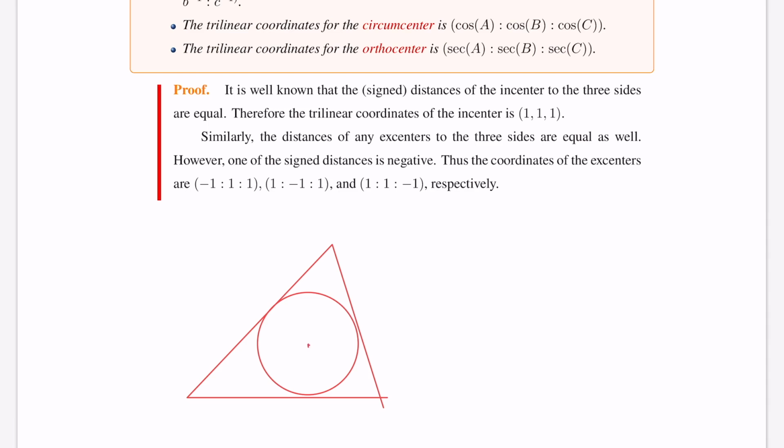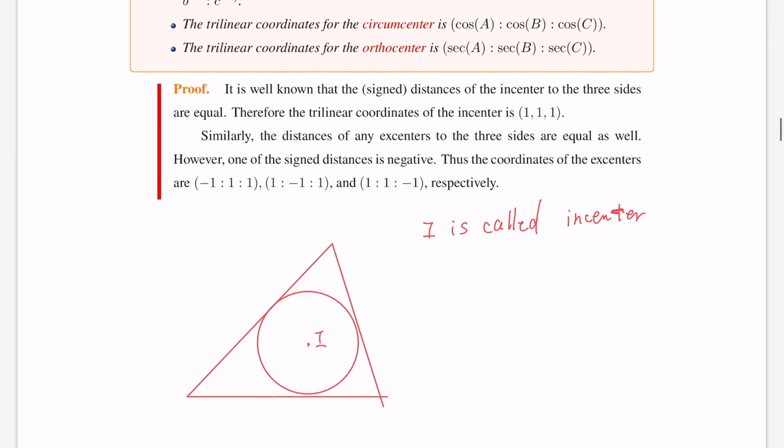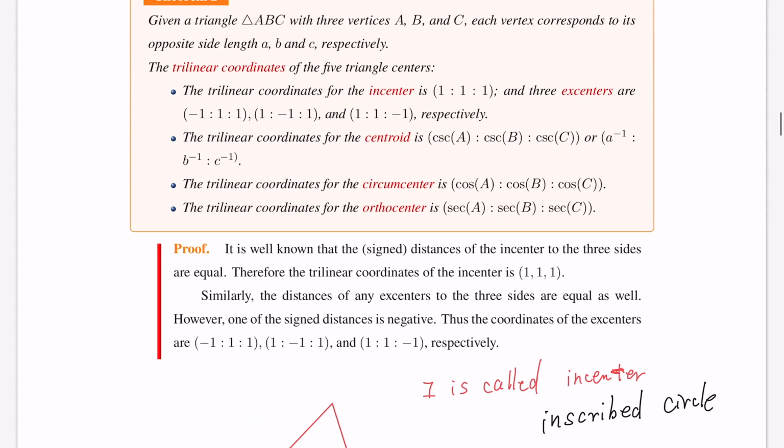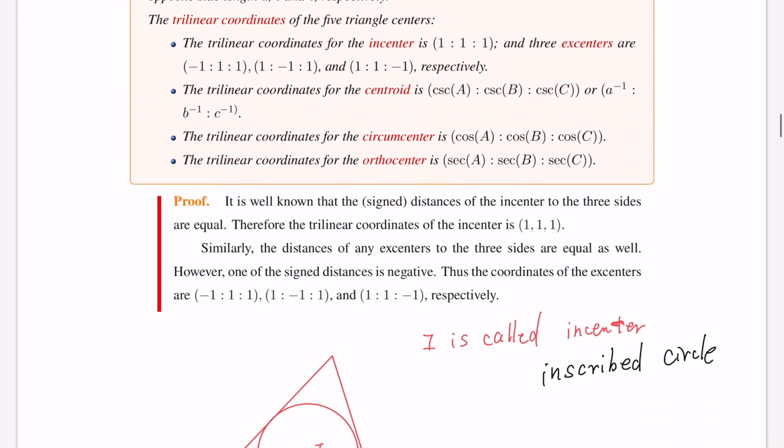Then the center we call I. I is called the incenter, because it is the center of the inscribed circle. So what are the trilinear coordinates for the incenter?